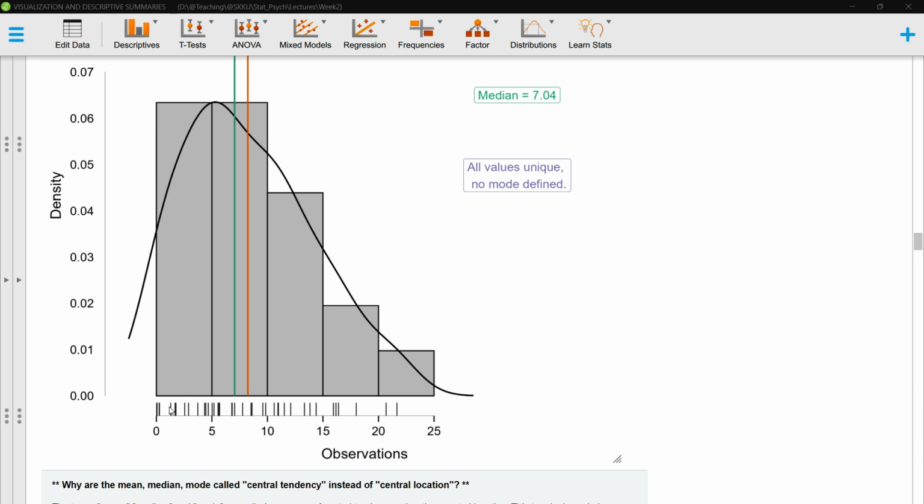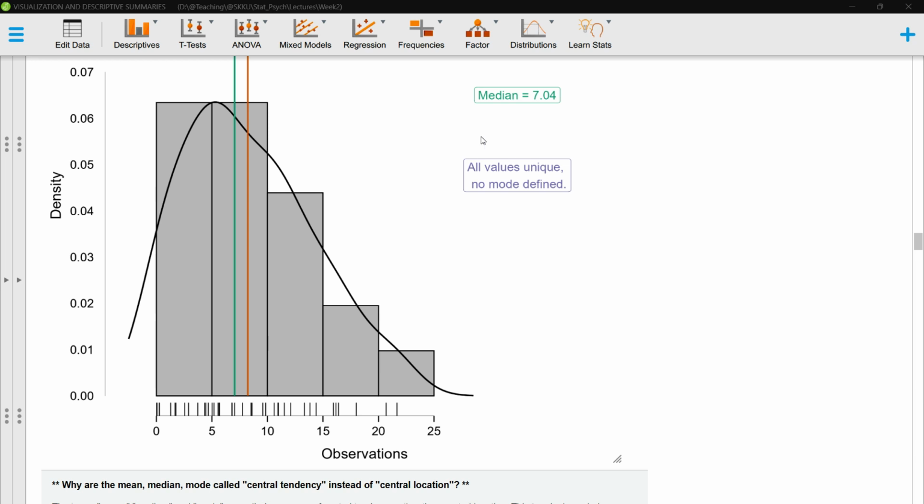So each line represents each observation. We have 41 lines here, the markers. Because we have 41 observations, the median is the 21st observation when sorted by amount, right?